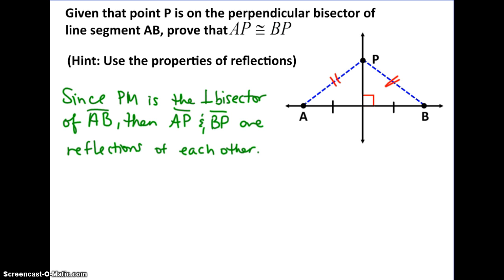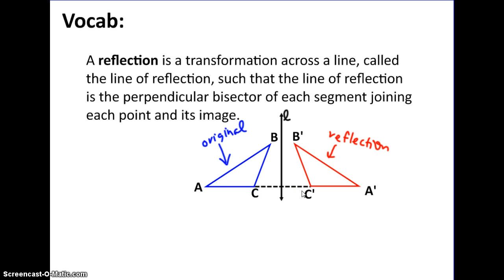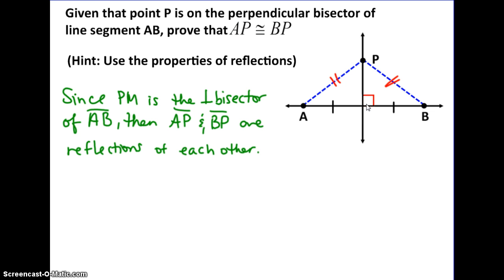Okay, so going back to the picture of the triangles, the distance from C to line L and the distance from C prime to line L are the same length. If you get closer to the mirror, your reflection gets closer. If you back away, your reflection backs away. It is mimicking. So since we know they are equidistant, points A and B are equidistant from this line, we'll call it line L, and we know that the line is perpendicular to the line segment, they have to be reflections of each other.